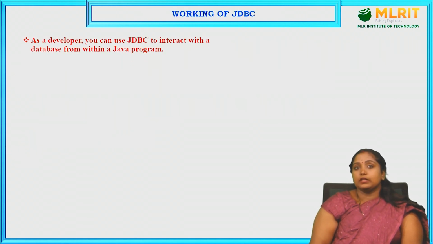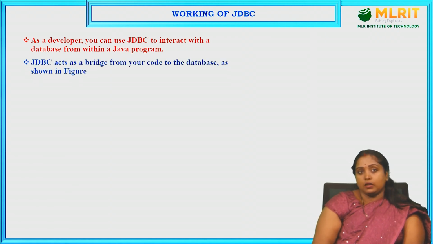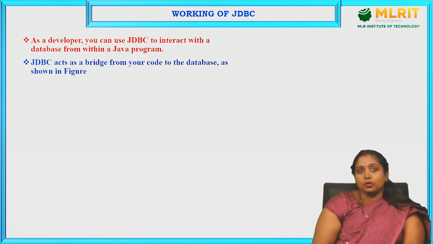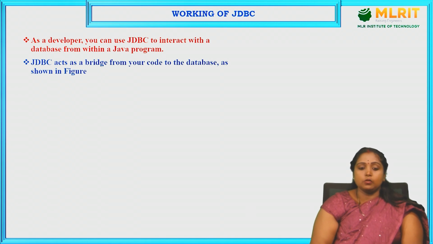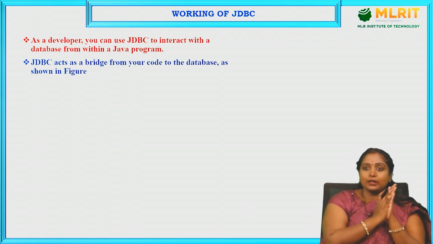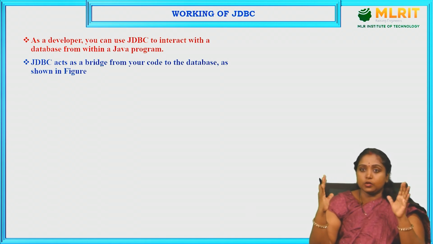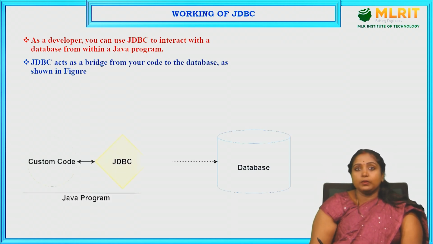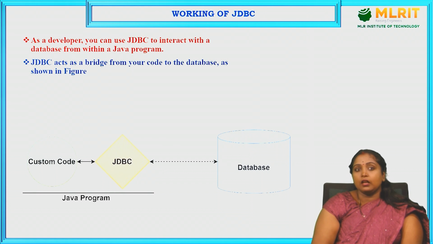Coming to the working of JDBC, how JDBC will work. We already know whatever programs you are writing will interact with JDBC. For example, this is a front-end language and this is a back-end language. In order to connect these two languages, there should be a connection, isn't it? So this is an architecture, this is how it works.